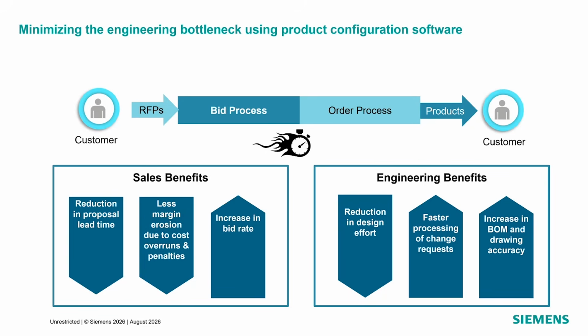For engineering, captured rules and automated outputs can reduce design work, accelerate change requests, and improve your bill of material and drawing accuracy and make it more consistent throughout the product lifecycle. So I just want to emphasize here, the important point is not simply the CAD models. It is more reliable end-to-end processes from customer requirements to bid or to actually the product order.